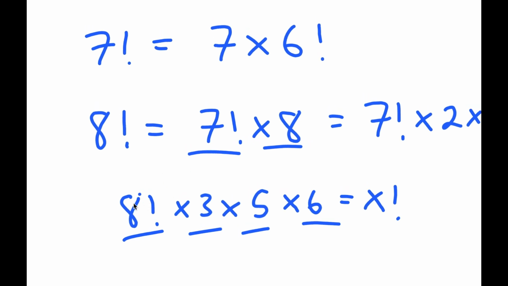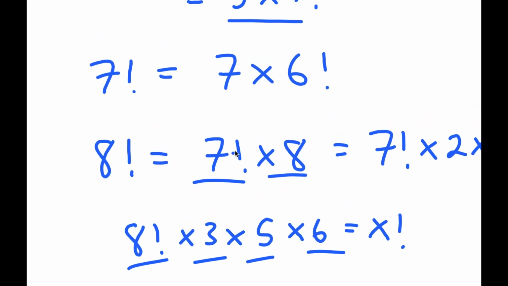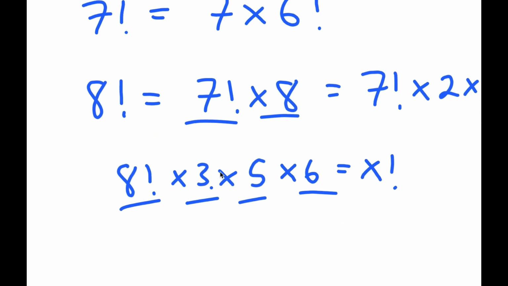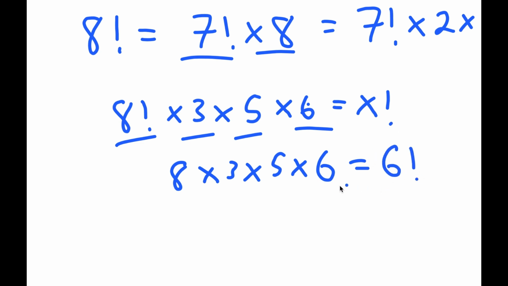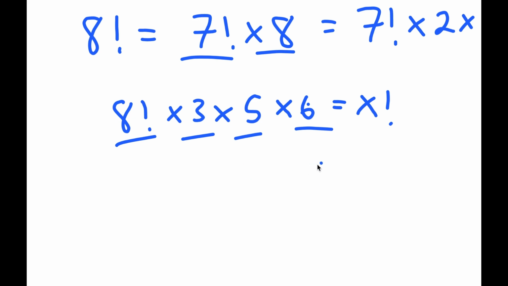So we already have 7 factorial over here, and then we have that times 8 times 3 times 5 times 6, which 8 times 3 times 5 times 6 is the value of 6 factorial, because 8 is 4 times 2. So now from here, I can rewrite this.